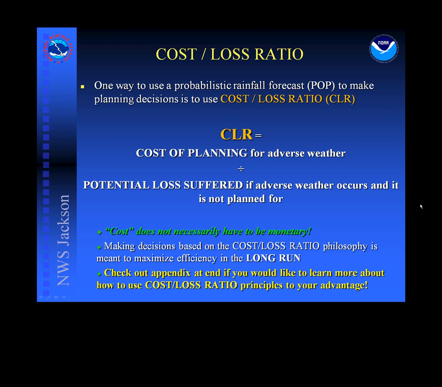An important thing to keep in mind with the cost-loss ratio is that the cost does not necessarily have to be monetary, but making weather planning decisions based on the cost-loss ratio philosophy is meant to maximize efficiency in the long run. We will go into more depth about the cost-loss ratio, how it works, and how you can apply the principles to your advantage at the end of the presentation in the appendix.